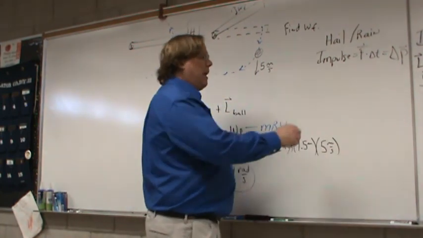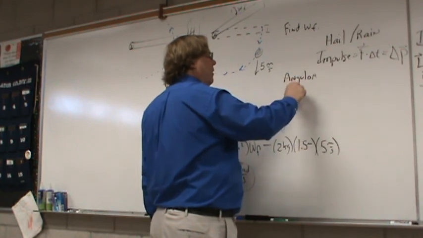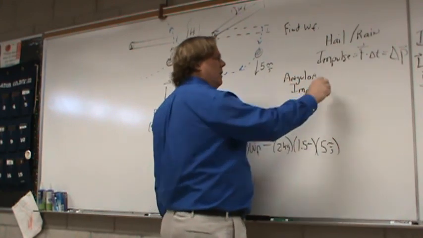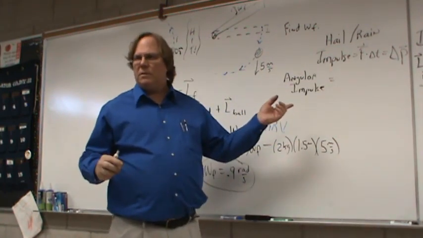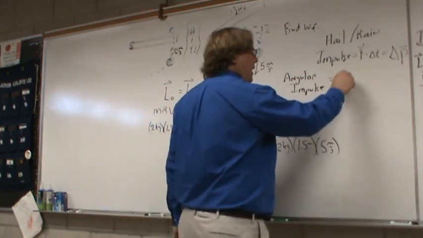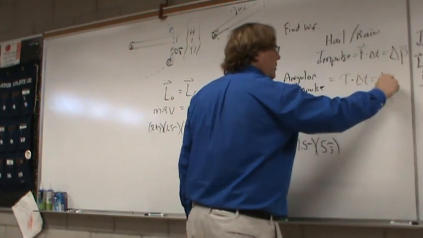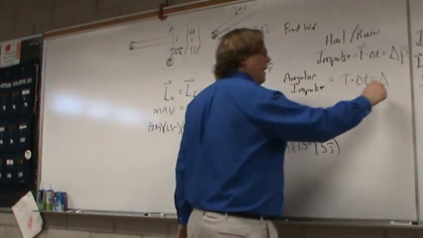Well, there is a thing which we don't learn about in our happy little class that you can call angular impulse. And angular impulse, instead of force times time, what do you suppose that's going to be? Yeah, torque times time. And what's that going to be equal to? The change of what? Angular momentum.